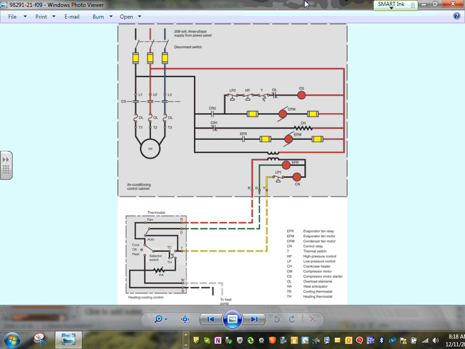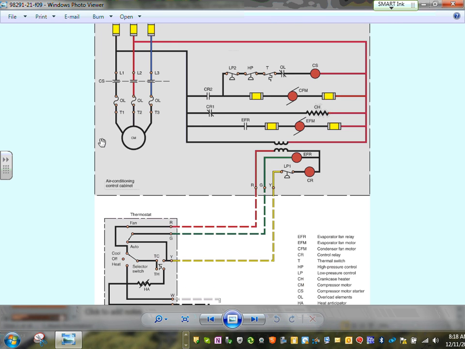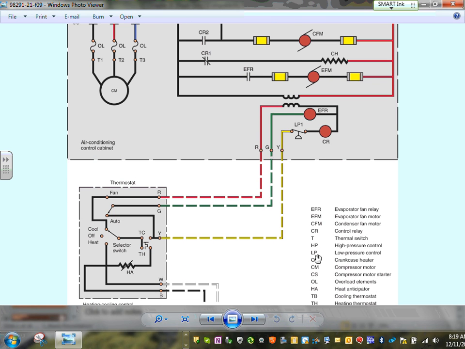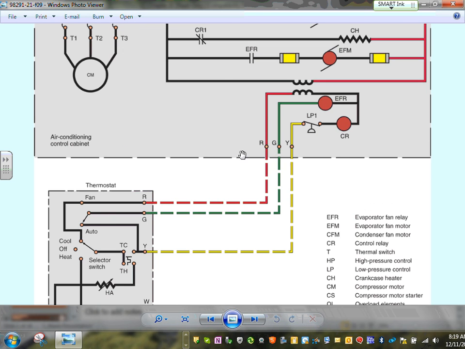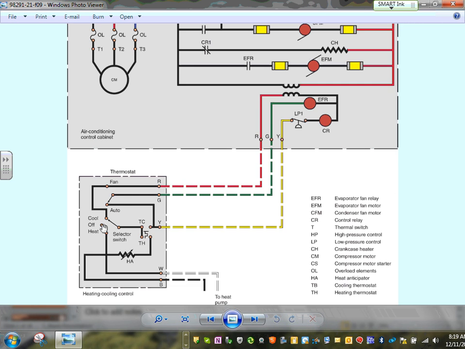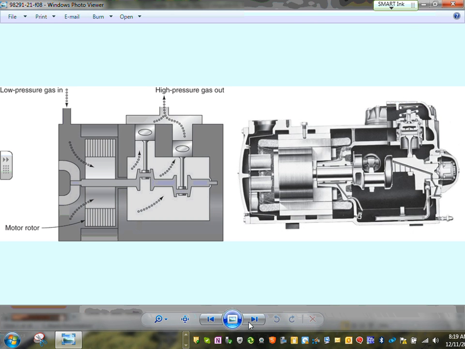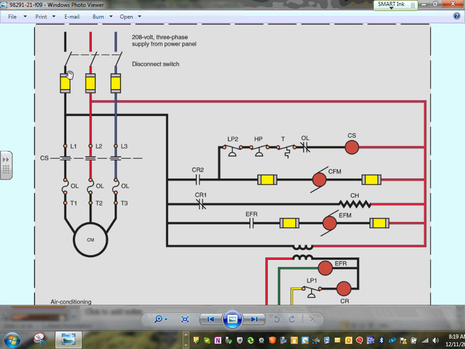Here's a control circuit, guys, for this. Here's an air conditioning cooling cabinet. You have the CM, which is the compressor motor. I have my compressor motor, a couple of fans, the heat cool interface, and all the wiring that we need. What's in it for you guys? For the compressor, you need to provide a feeder right here.